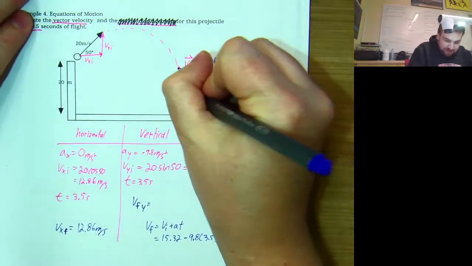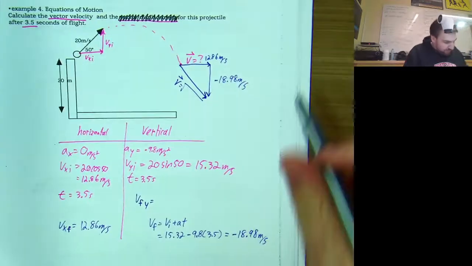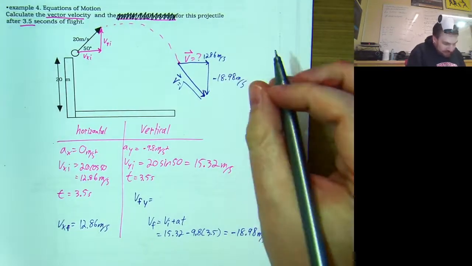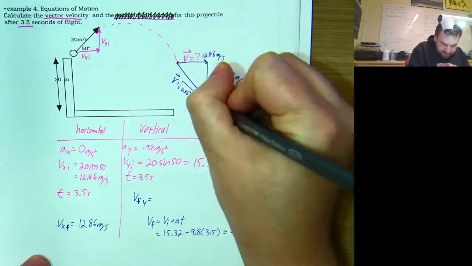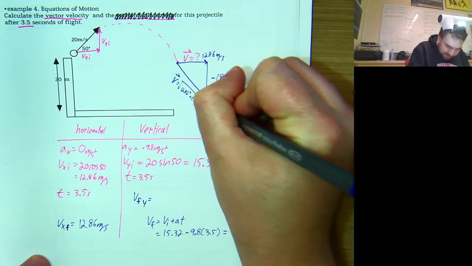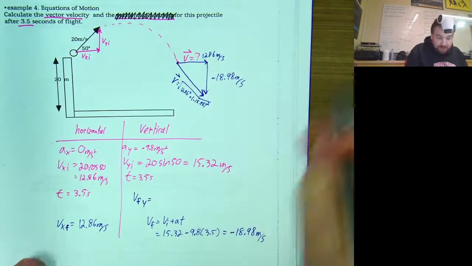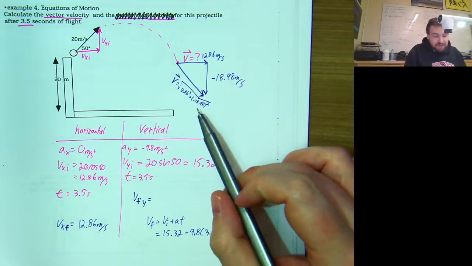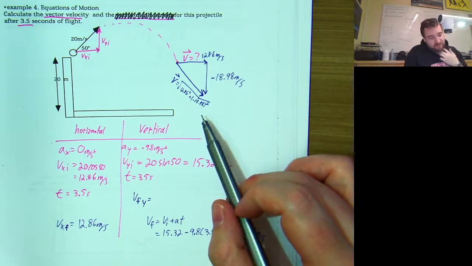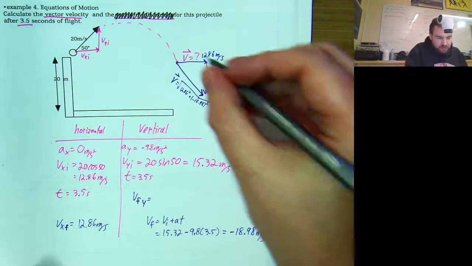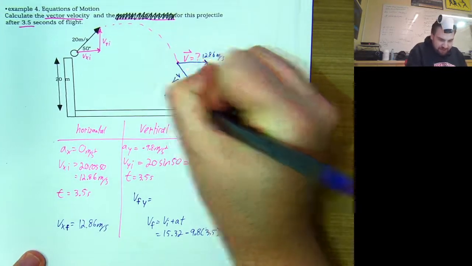And that's just going to equal the square root of 12.86 squared plus negative 18.98 in brackets squared. The brackets matter. I see mistakes like this all the time, and by physics 12, we've all taken pre-calc 12, brackets shouldn't be an issue.